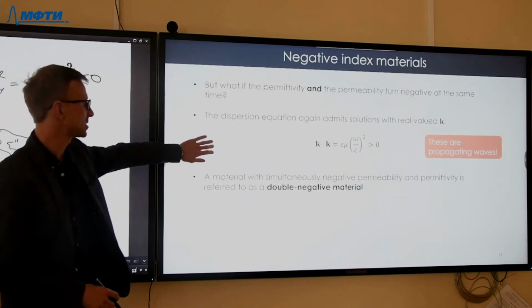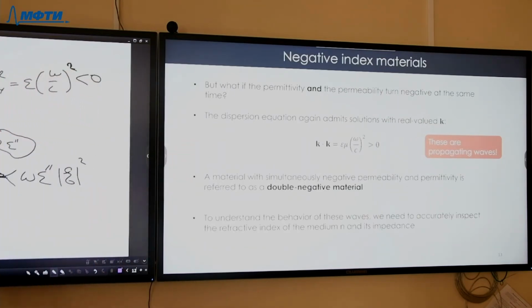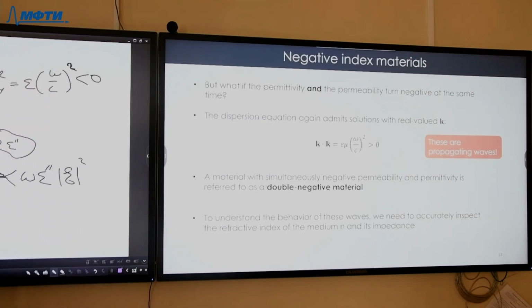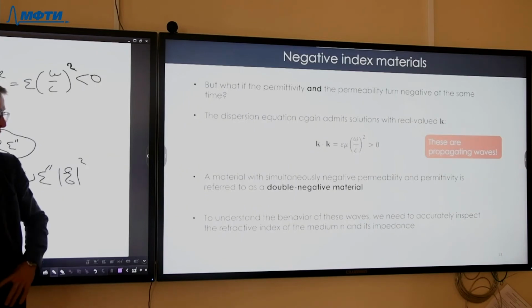So now let's explore the properties of plane waves inside such a material. And to understand how waves propagate in double negative media, we need to accurately examine the refractive index and what actually is the refractive index in a double negative medium.